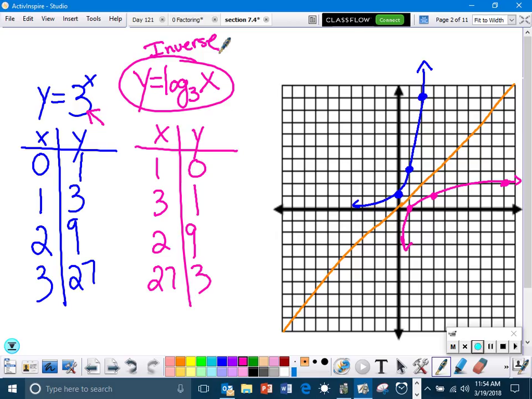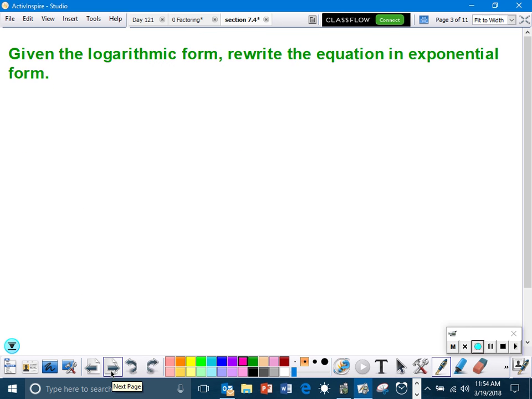Okay, so now we're going to look at something else with this. I am going to give you the logarithmic form, and you're going to rewrite the equation in exponential form. So, for example, I'm going to do 4 examples here. The first one, let's say we have log base 2, 32, and it equals 5.